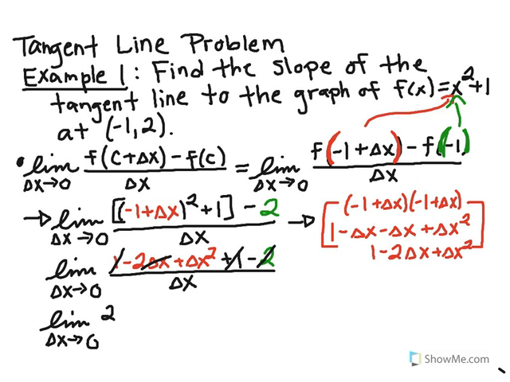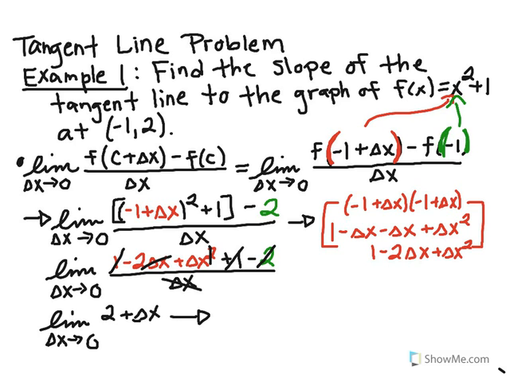For the second term, delta x squared, if I take out one delta x there, I just have plus a delta x. And in the denominator, if I take away that delta x, that's gone now too. So this is all I'm left with: 2 plus delta x.